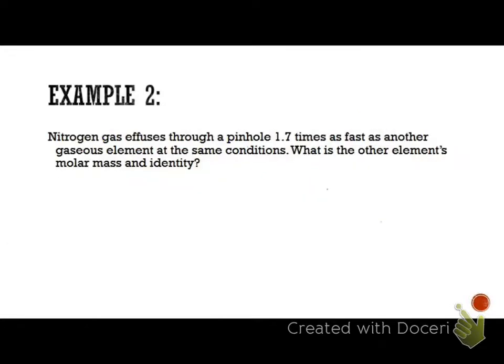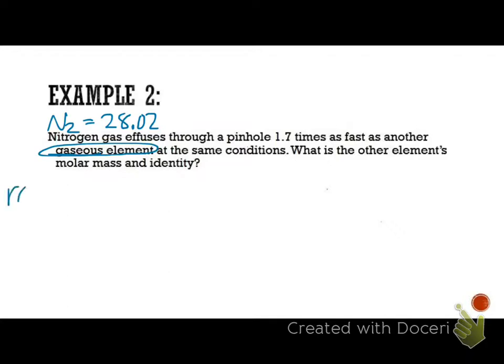So this one says nitrogen gas, which is N2, which means it's going to have a molar mass of 28.02. That caught a lot of people on the worksheet. Got to double the mass. It effuses through a pinhole 1.7 times faster than another gaseous element, at the same conditions. So what is the other element's molar mass and identity?